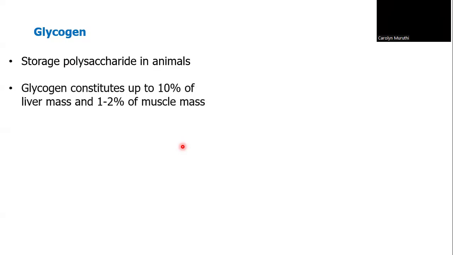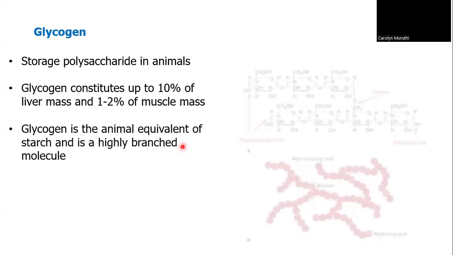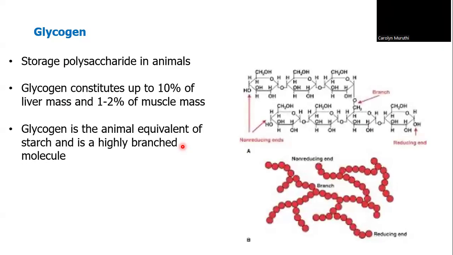We find that the liver constitutes about 10% glycogen, whereas the muscle mass has about 1 to 2%. Now, glycogen is somewhat equivalent to the amylopectin found in starch because it's also branched, but glycogen is more highly branched compared to starch.